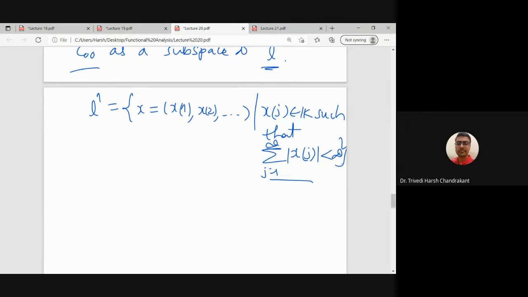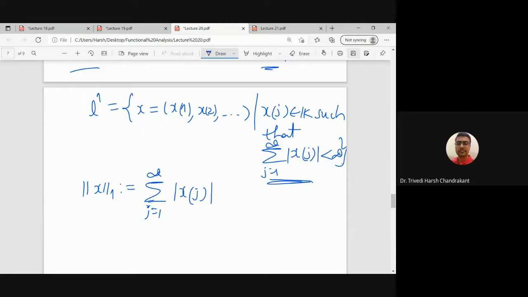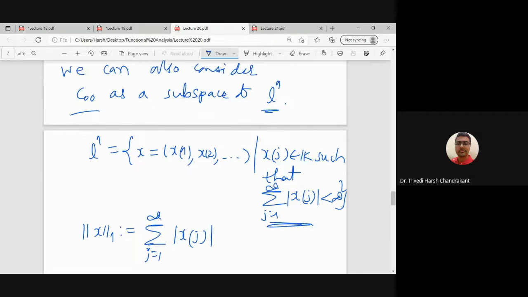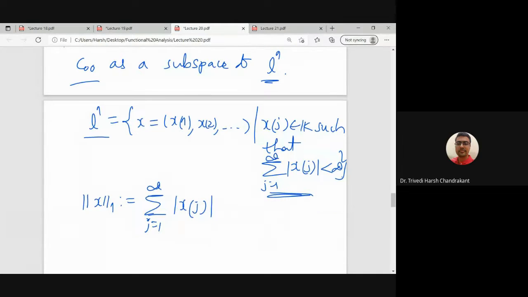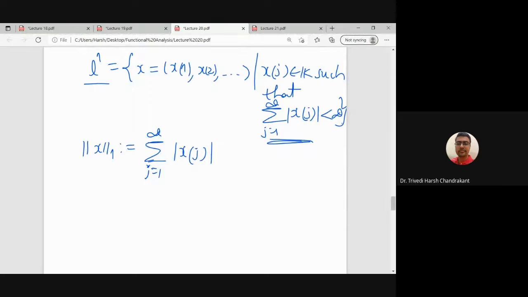And on L1 we have the norm, the one norm, defined as summation j equals 1 to infinity of modulus of xj. Since C00 is a subspace of L1, we can define the same norm on C00. A subset we cannot, but on a subspace we can define the norm, because we need the zero element for the properties of norm, and we also need scalar multiplication and addition.